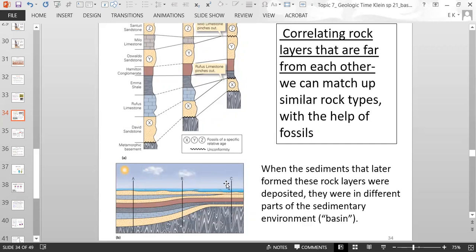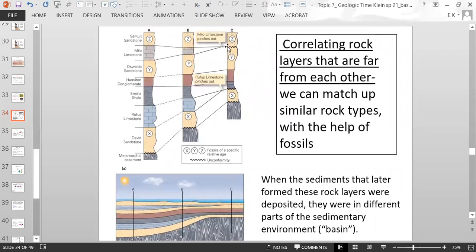Okay, so here's rock layers from area C up here. Here's where B is located, and here's where A is located. So when you look at the rock layers, you have this sandstone, this limestone, this sandstone, this conglomerate, etc. And then here are some fossils, X, Y, and Z. Your erosional surfaces that had deposition on top, which we call unconformities, are marked by this black squiggly line.